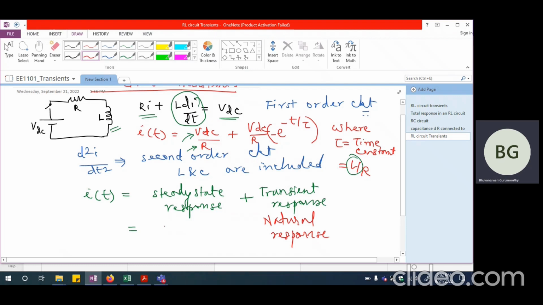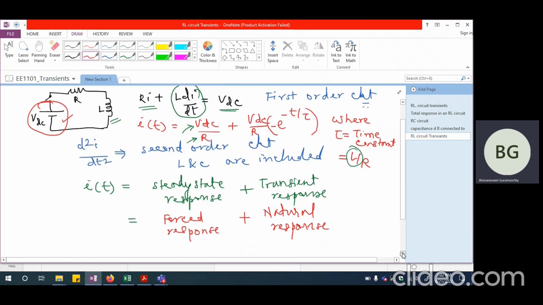And this is generally known as the forced response because this is essentially stimulated or activated by the excitation. The excitation in this particular case is the DC voltage. We are exciting the circuit with the help of a DC voltage. So this particular thing is called forced response and the other one is called natural response.